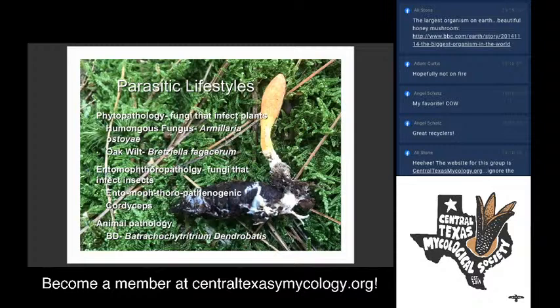And also fungal pathogens on animals, like on our skin with ringworm, which is actually a fungus, or athlete's foot, which are really common fungi.